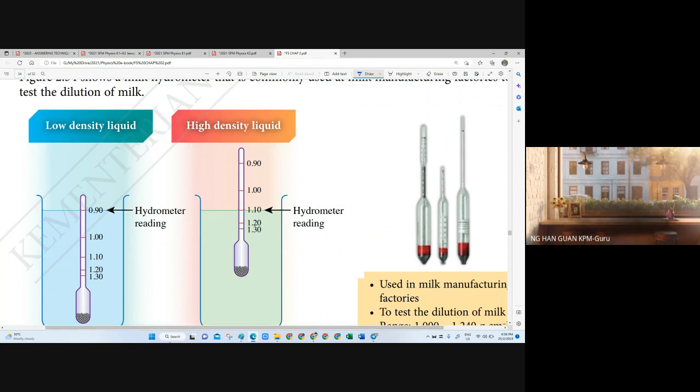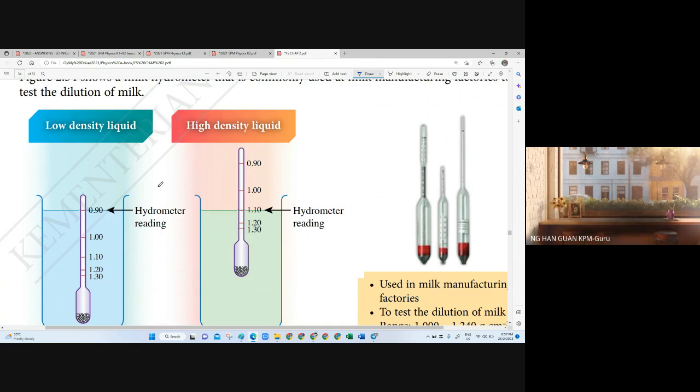That's why when you go to a higher density, it floats higher. When it floats higher, you gain the same buoyant force as in a lower density liquid. From the volume change, we can know the value of the unknown liquid's density, based on the stem, which is how we label it.